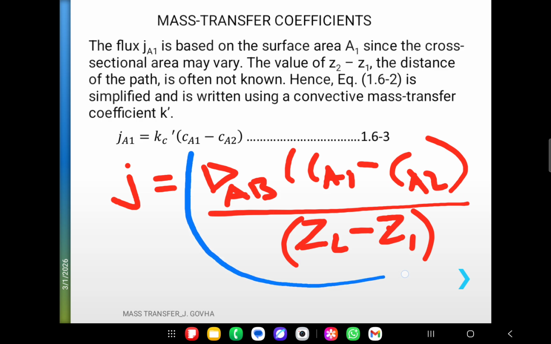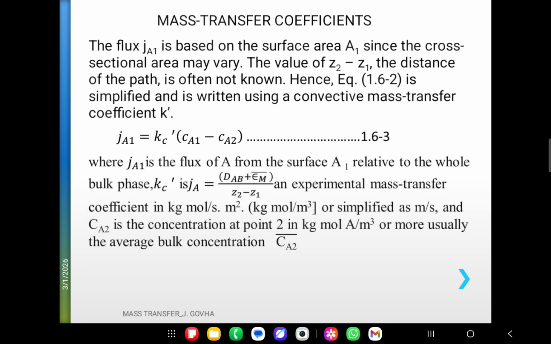Then this is what we are equating to that. Experimentally, the DAB plus EM is what we are equating to that, as indicated there.